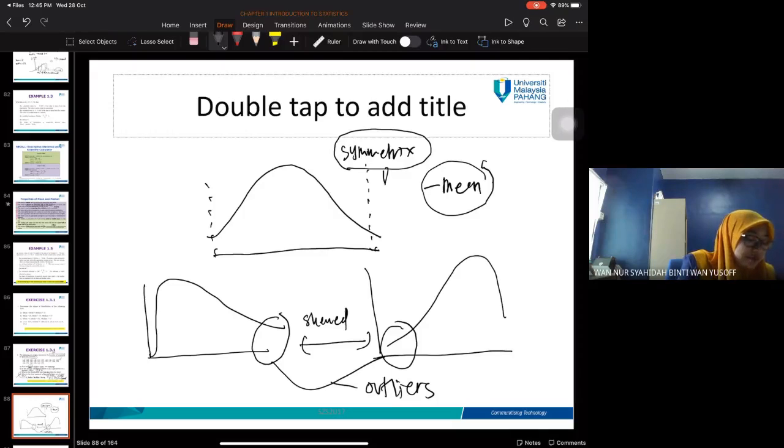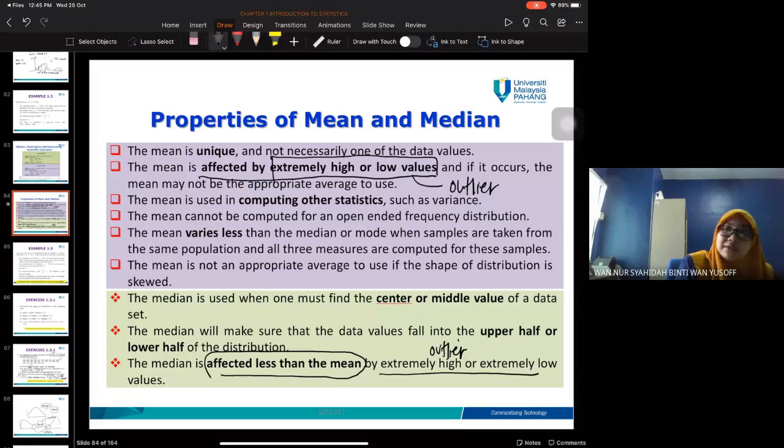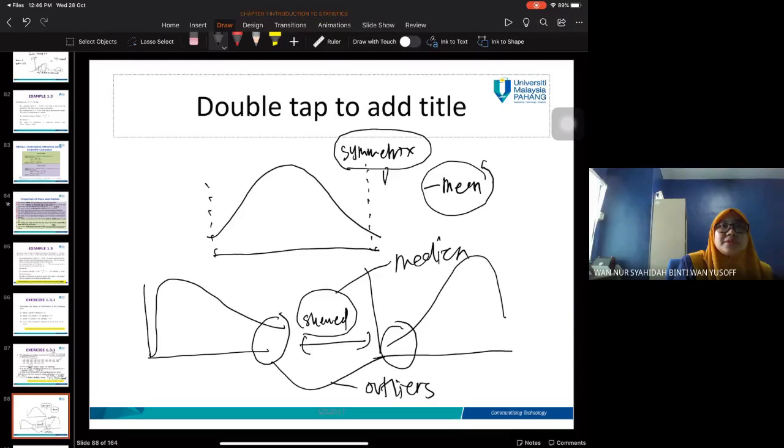That's why when we have skewed data, median is the best one to use, because median is less affected than mean when we have the outlier. So to reduce the inaccuracy, median is the best to use when we have skewed data.